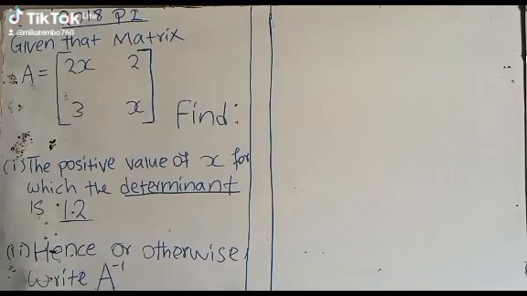So in this question, they are mainly asking us to find the value of x and the inverse of this matrix. To find the value of x, we are going to use the formula that we use for finding the determinant. We have already been given the determinant, but we are going to use the same formula to find the value of x.